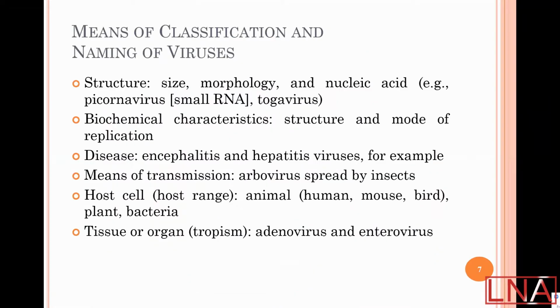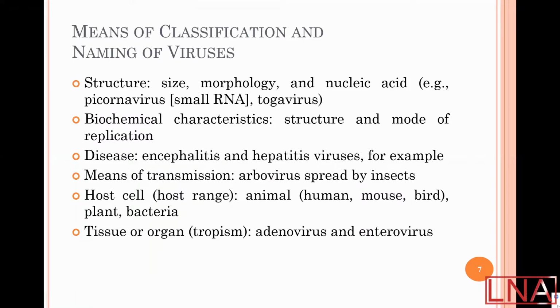Let's say a few words about that. So, the structure. What's important in structure? Size and morphology, nucleic acids, as I said, and biochemical characteristics are also important for classification. Structure and mode of replication can also be described and be the basis for putting viruses in one family or into another one.